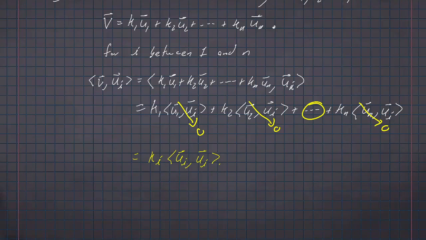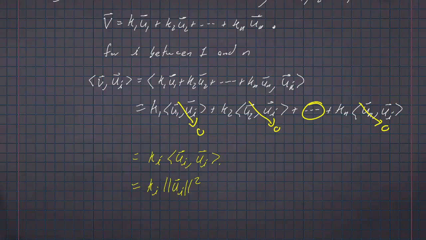Again, because it forms a basis, it must be linearly independent, and so it can't include the 0 vector. So the inner product of Ui with itself is the only thing that is non-zero. Furthermore, the inner product of Ui with itself is the norm of Ui squared.